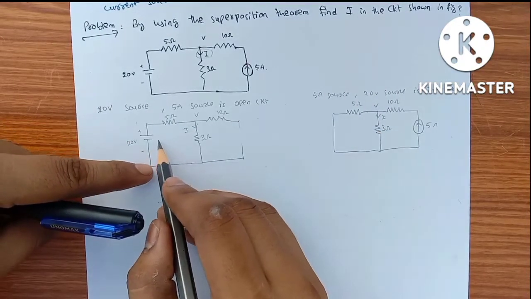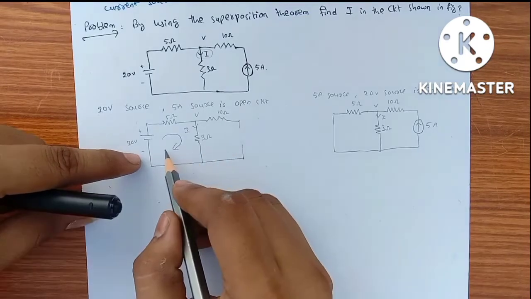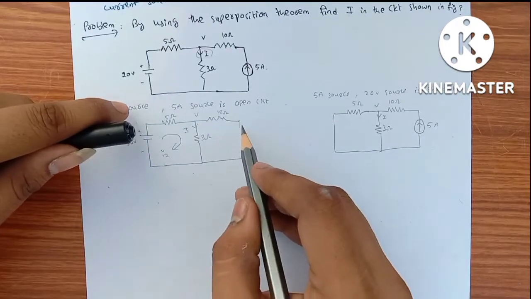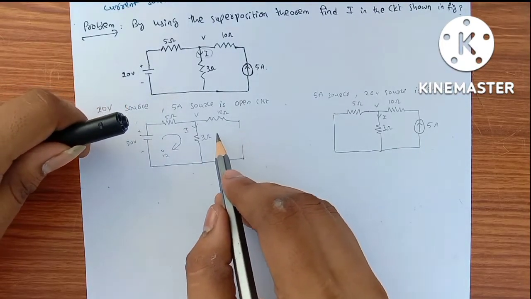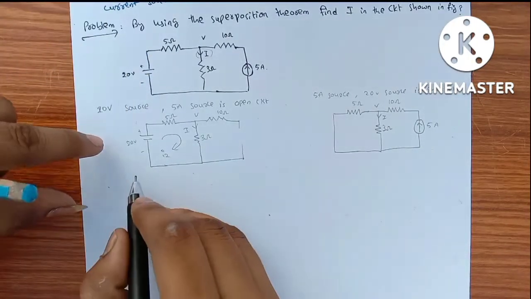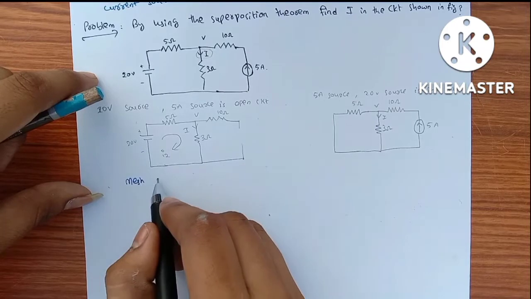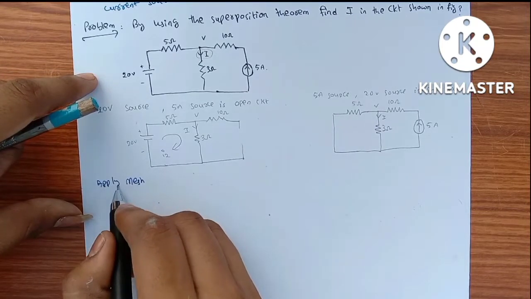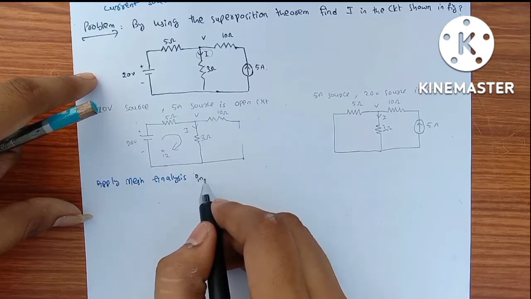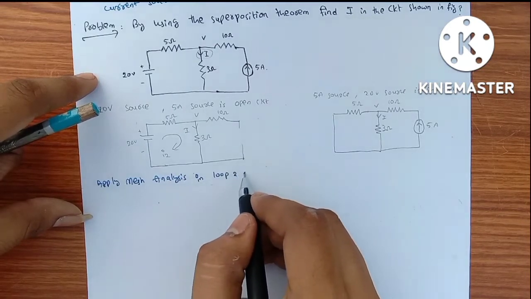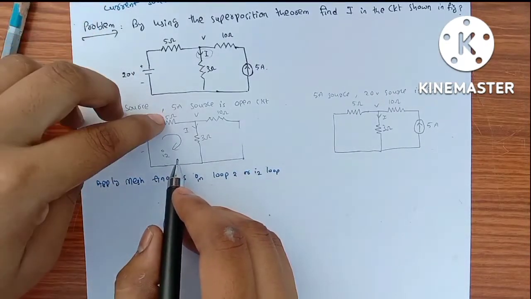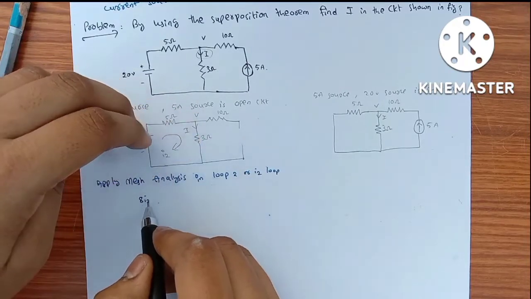I am using mesh analysis, naming the current flowing in this loop I2. Here, this is not a loop, so I am not considering it as a loop. Applying mesh analysis in loop 2, we get (5 plus 3) 8 I2.